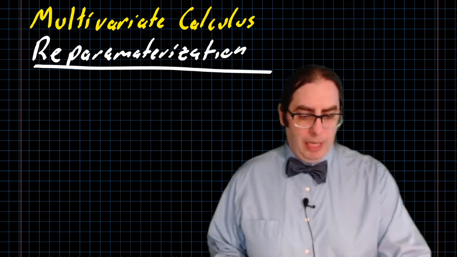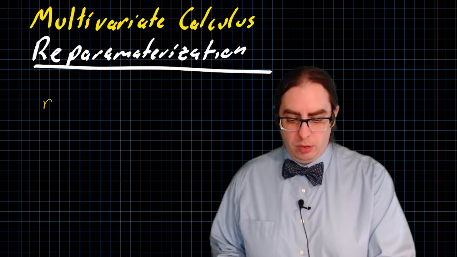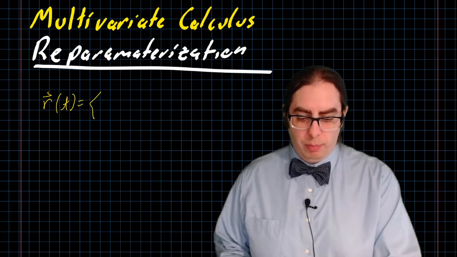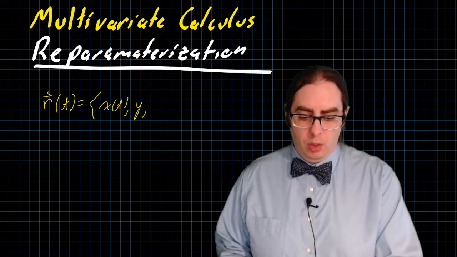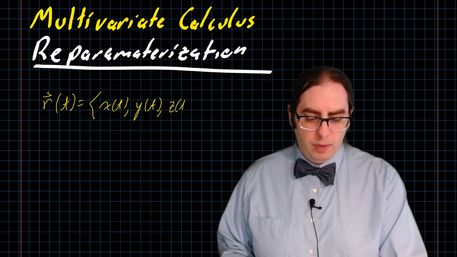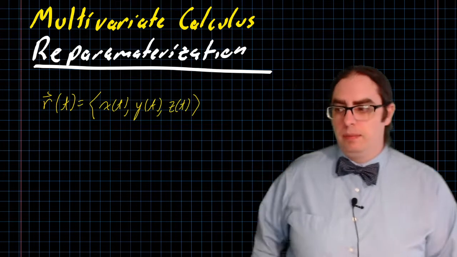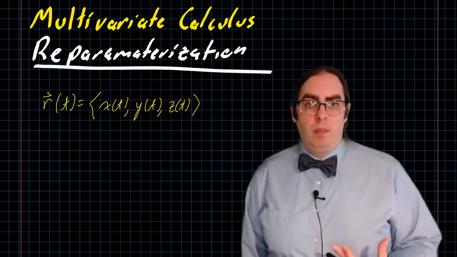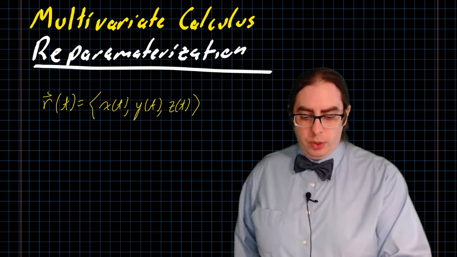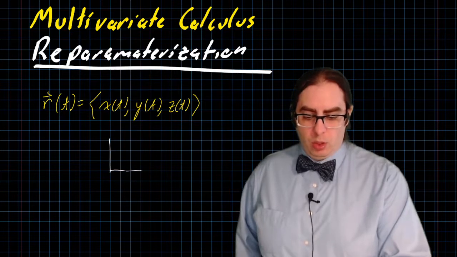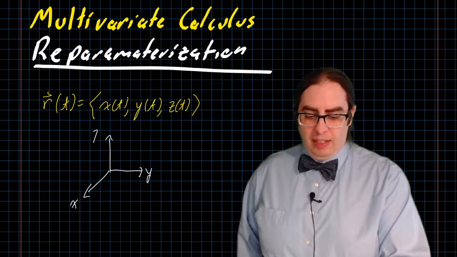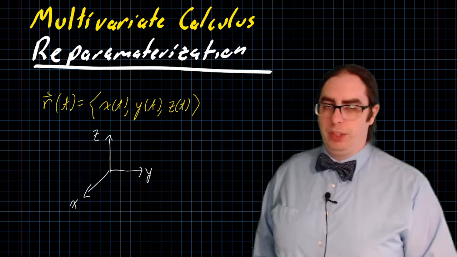So let's think about generically some parametric curve defined by r of t equals the vector with components x of t, y of t, z of t. Now, when we've talked about parametric curves in the past, I've encouraged you to think about the coordinate space, and x, y, and z are the three spatial dimensions.